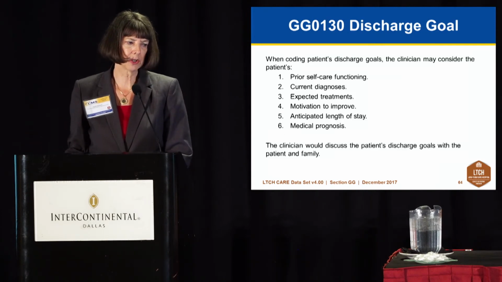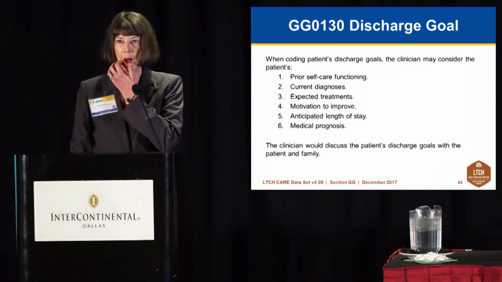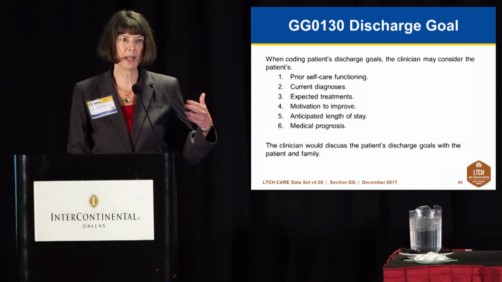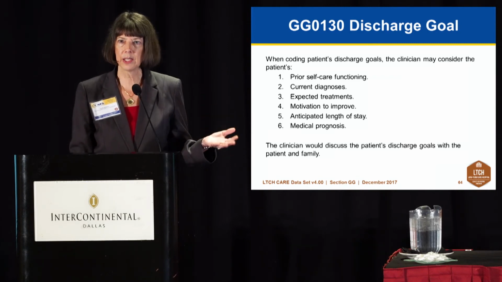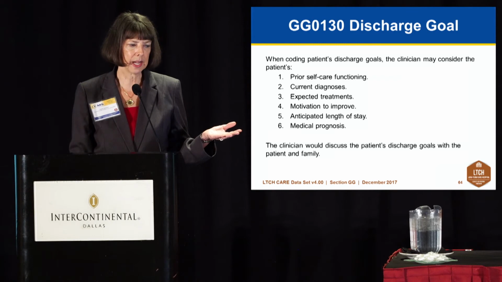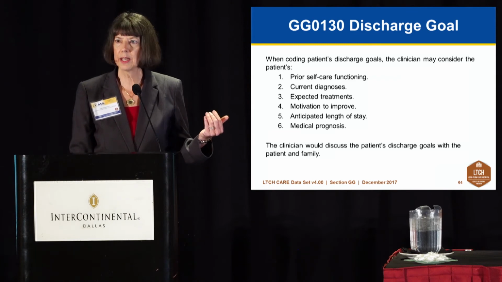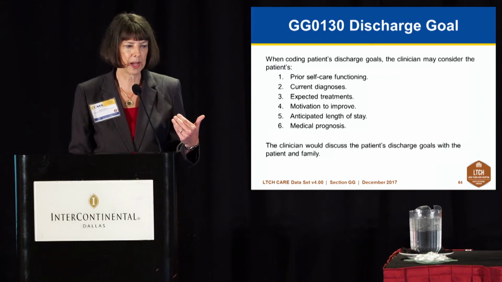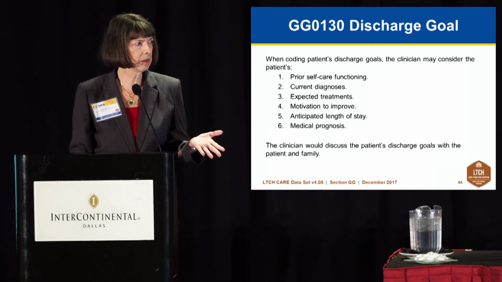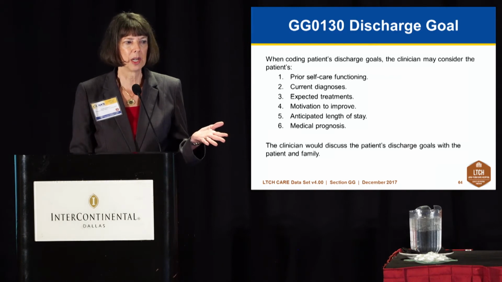So for our discharge goals, we want to consider the patient's prior self-care functioning. How did that patient perform prior to their admission? What are their current diagnoses? What are the expected various treatments that that patient will undergo that could affect the goal? And what is their actual motivation to improve? We have some patients who are highly motivated and some who may not be.